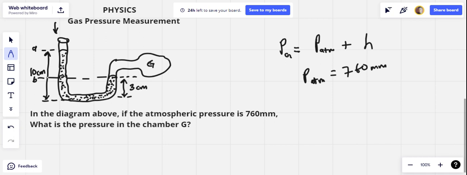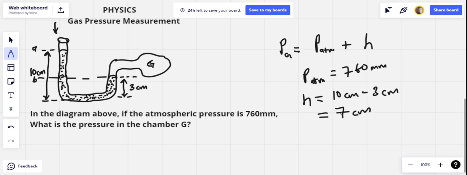Our pressure height will be the height from here to here, which is 10 cm minus 3 cm, which equals 7 cm.